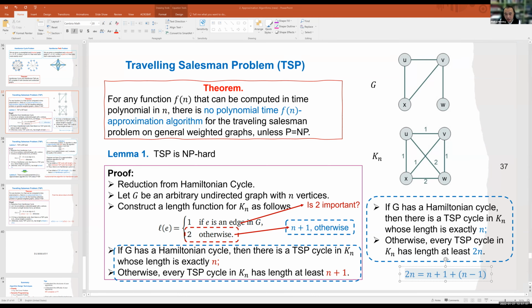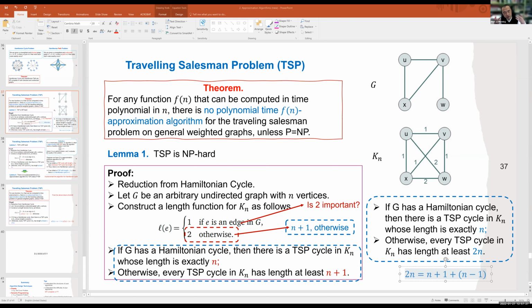For other inapproximability results, you can also use reduction, just like NP hardness. Because this is NP hard, I can do a reduction to our problem, and so our problem is also NP hard. And then similarly, you can do things like this.